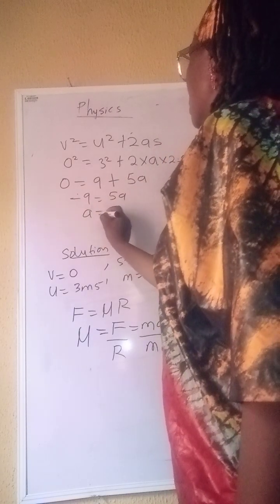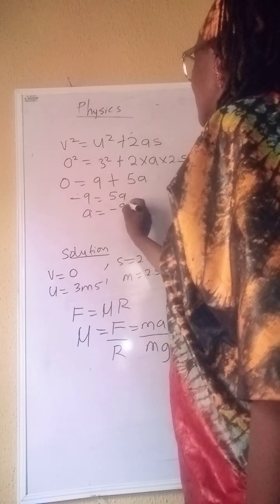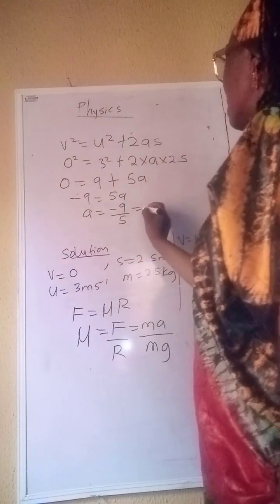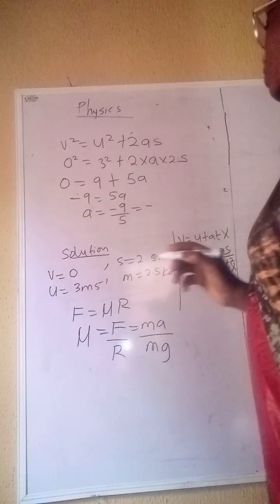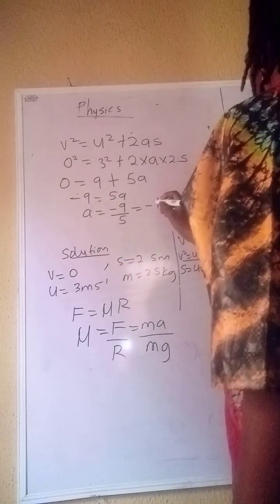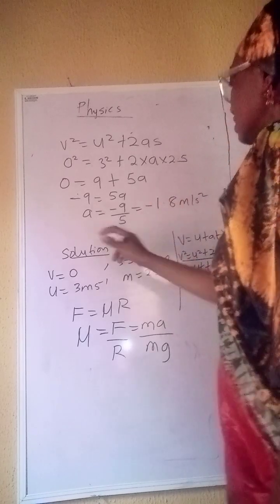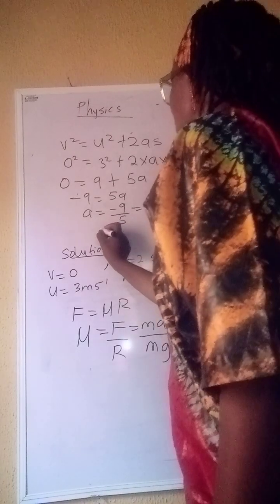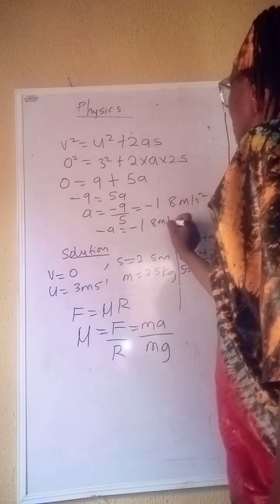So a will be equal to minus 9 all over 5. Punch your calculator: 9 divided by 5 is 1.8 meter per second squared. But bear in mind, this is deceleration, so it means a is equal to minus 1.8 meter per second squared.